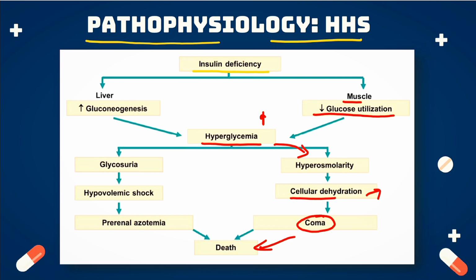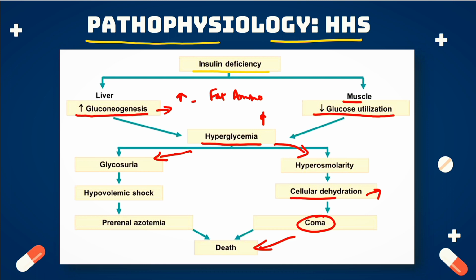In another manner, in the liver there is increased gluconeogenesis, meaning formation of glucose from other substances like fat, amino acids, etc. So this will again lead to hyperglycemia, and as the level of glucose is increasing in the blood and serum, this extra glucose will be secreted in the urine.